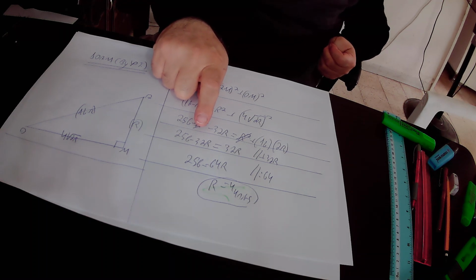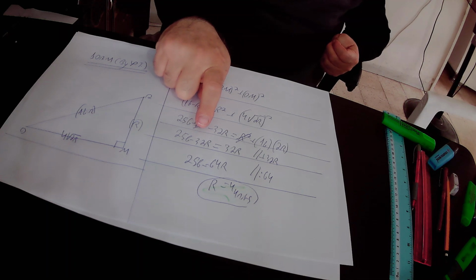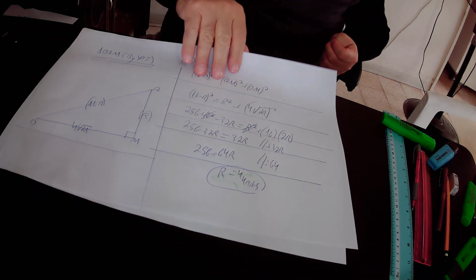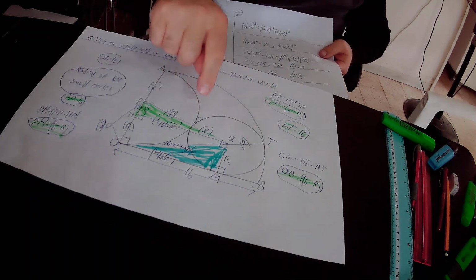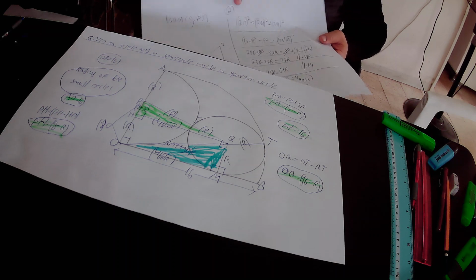We divided by 64 and found that R equals 256 over 64, which is 4. So the radius of the small circle R equals 4 units.